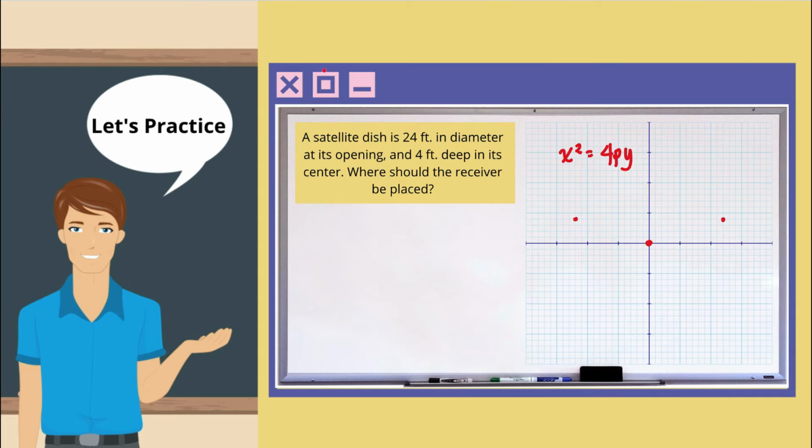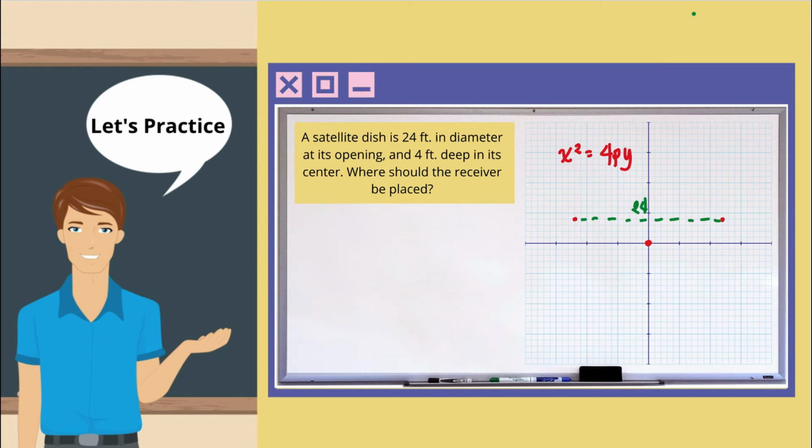This will give us 24 feet for the opening of the parabola and 4 feet for the depth of the parabola. Remember that these points are points on a parabola, meaning they are represented by the x and y values.